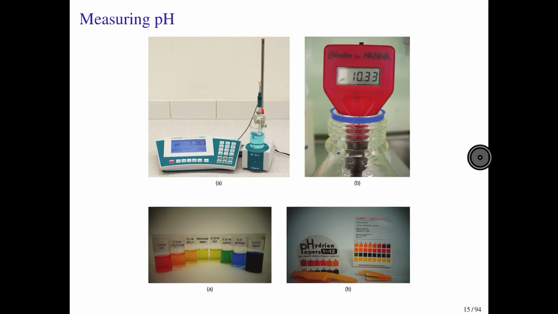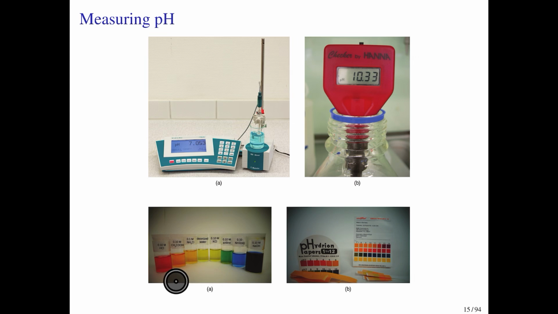And so you want to keep these trends in mind. This slide here is just meant to illustrate that there are different approaches to measuring the pH of a solution. You can have things like litmus paper here, where you dip a specially treated piece of paper into your solution and it changes colors, and based on the color change you can identify the pH to within about 1 sig fig.